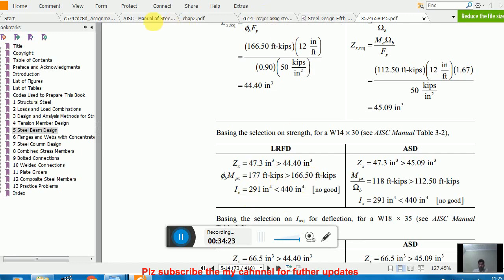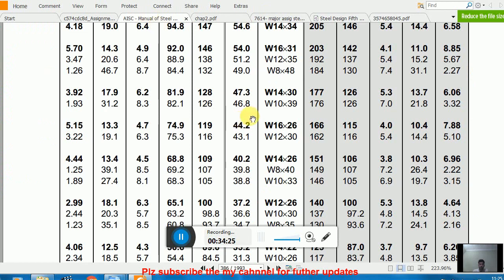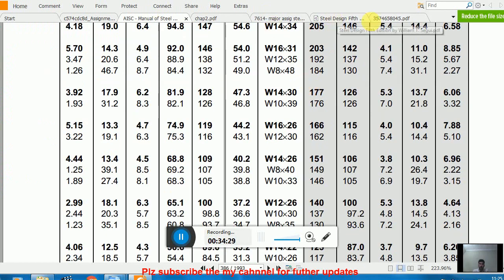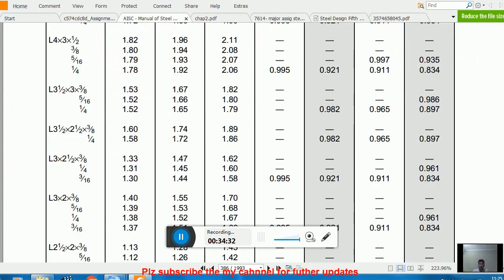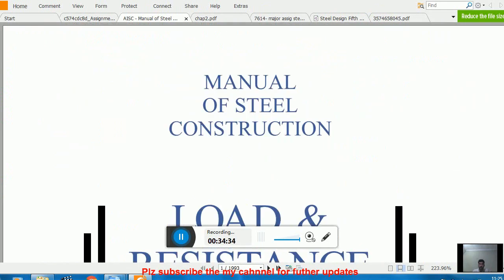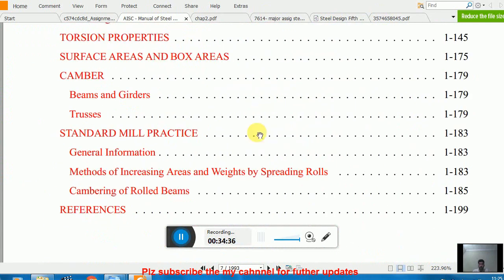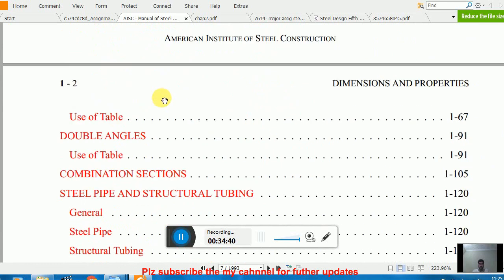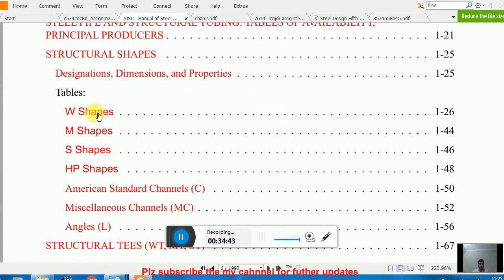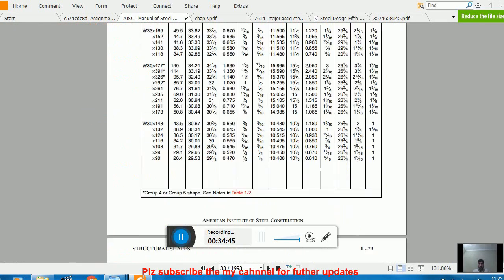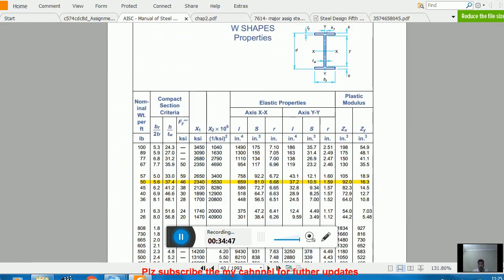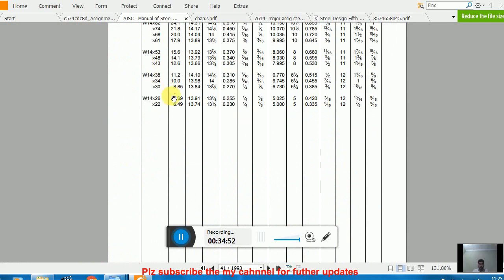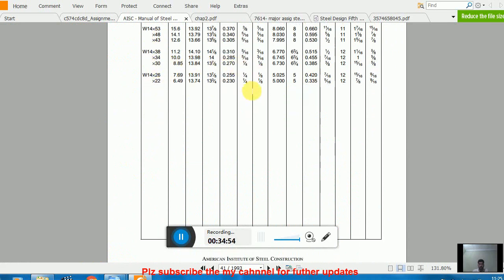And your IX for this section is basically what? For this IX, you have to go back to the actual W section, right here. Here you have to scroll down and find that section, W1430.